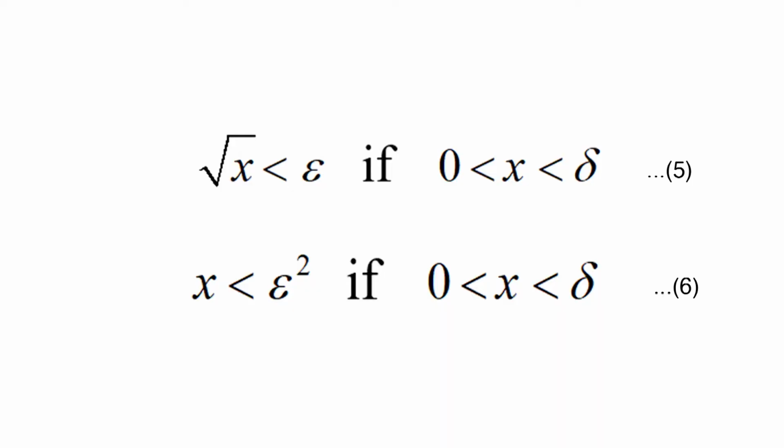Clearly, this statement is true if delta = epsilon squared, and since 6 is a reformulation of equation 5, we have shown that equation 5 holds with delta = epsilon squared. This proves that the limit of square root of x as x approaches 0 from the right is 0.